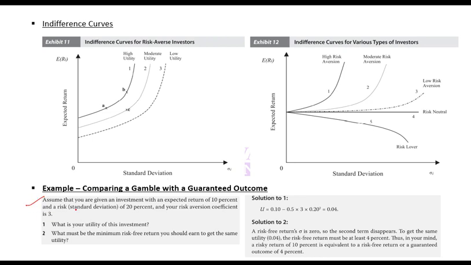Do this question, calculate utility. The formula for utility is expected return minus half into A into variance.